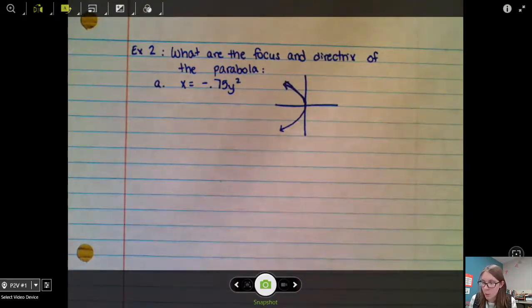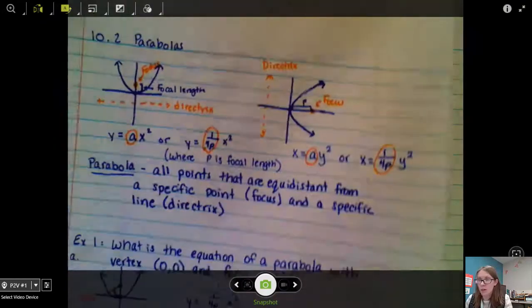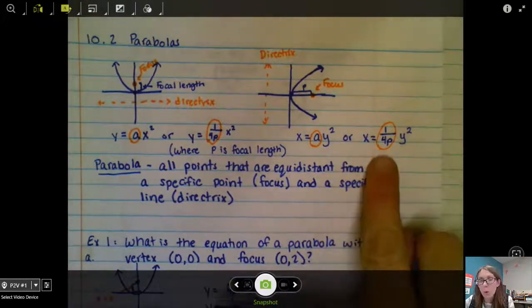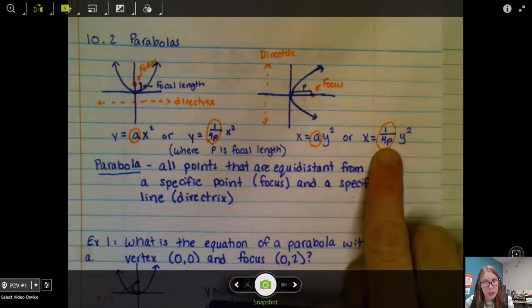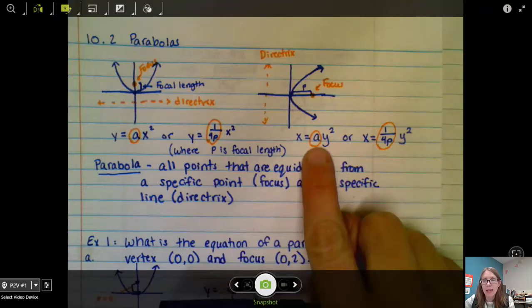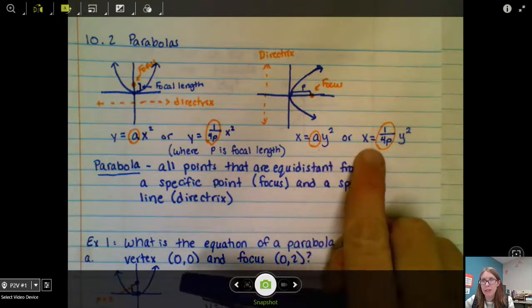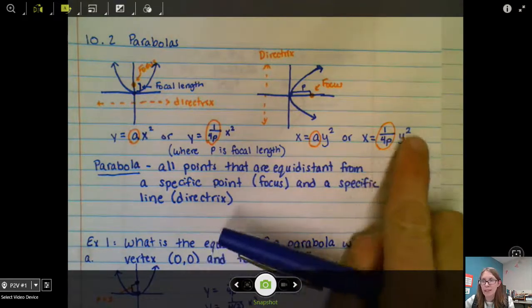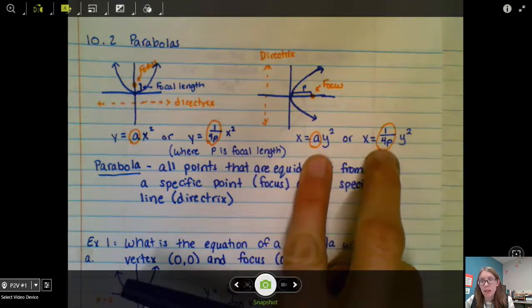Well, to figure out where our focus and our directrix are going to be, I really need to figure out what P is in this equation. Well, look at the two forms here. X equals A times y squared, or x equals 1 over 4p y squared. A and 1 over 4p are the same thing.